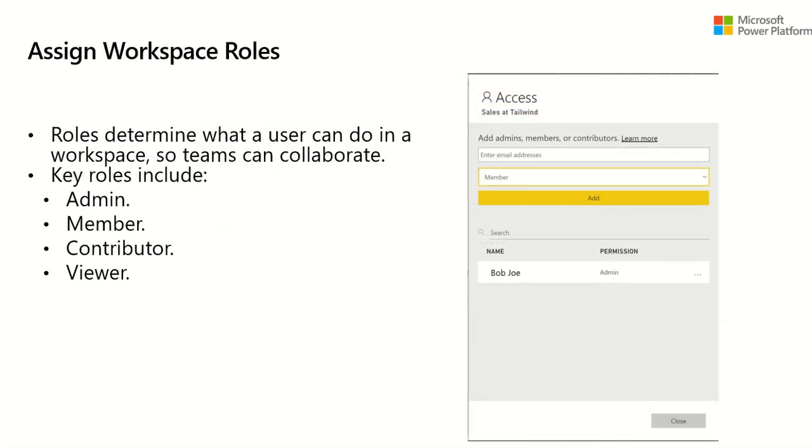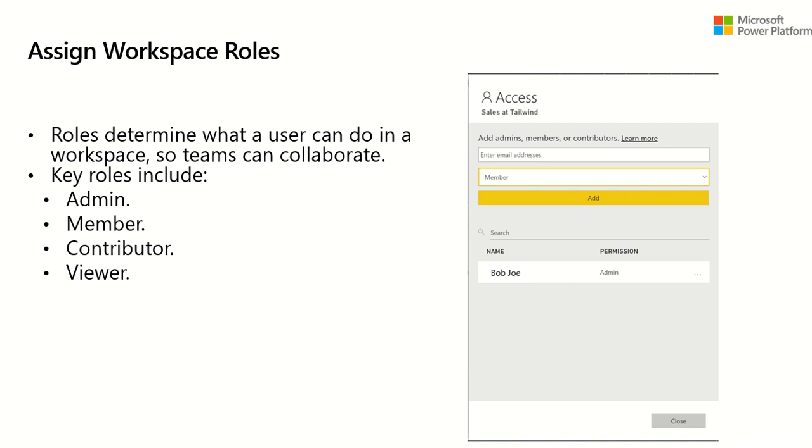Assign workspace roles. Roles determine what a user can do in a workspace so that the team can collaborate. You can identify a particular user as admin, member, contributor, or viewer. A viewer will be able to view, but cannot make any changes.